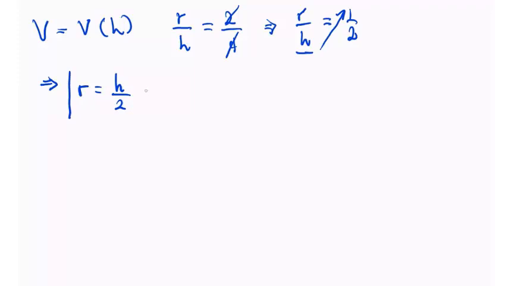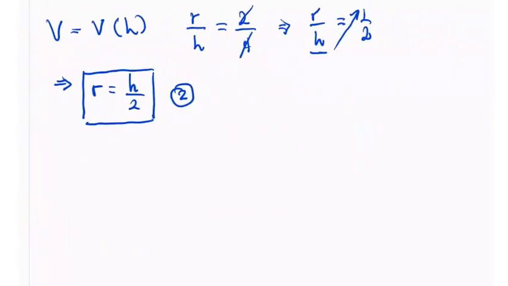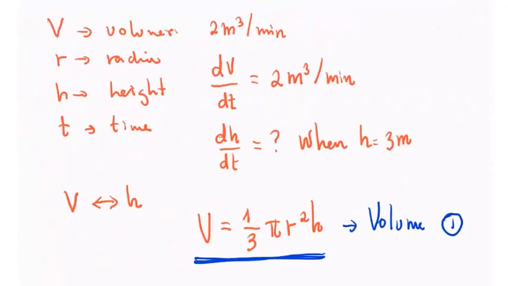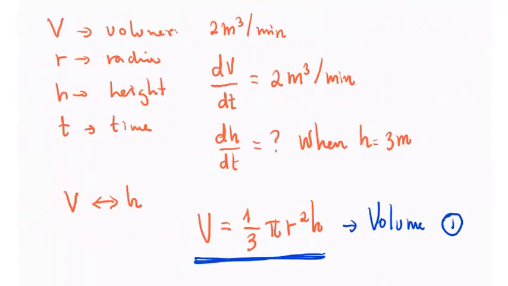So we can call this equation number 2, and if we called previously this equation number 1, we replace equation 2 into 1. Then we get V is equal to, remember, 1/3 of pi r squared h, but we want to express the volume only as a function of the height.